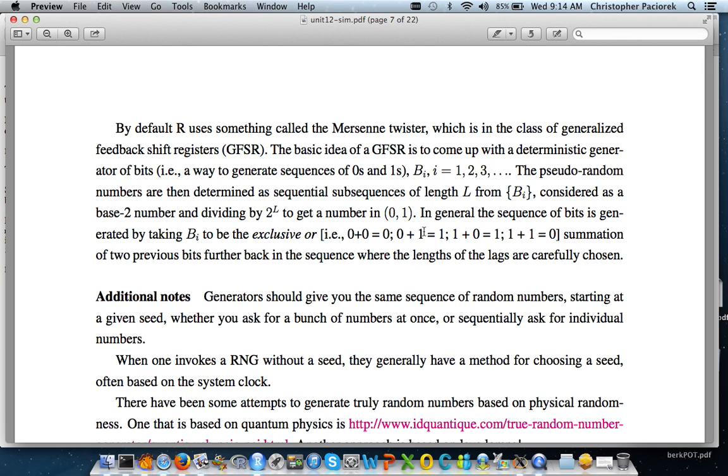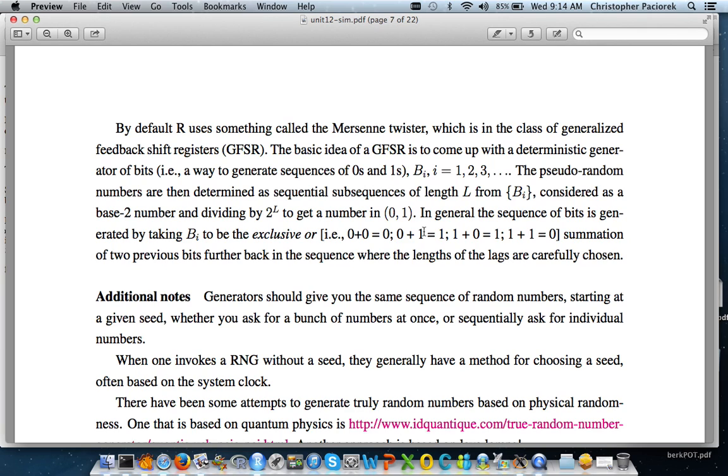To make sure the numbers are between 0 and 1, so that they're actually random uniforms, we just divide by the largest value that we could get from taking a sequence of L bits and converting that to a base 10 number.